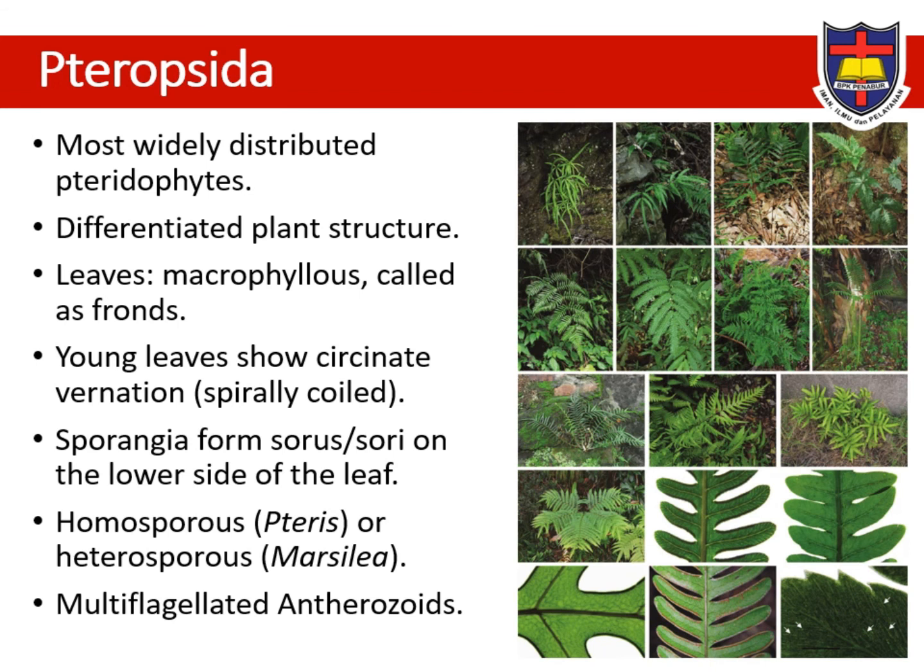Pteropsida consists of homosporous ferns and also heterosporous ferns. They have multiflagellated anthrazoids or multiflagellated male gametes.